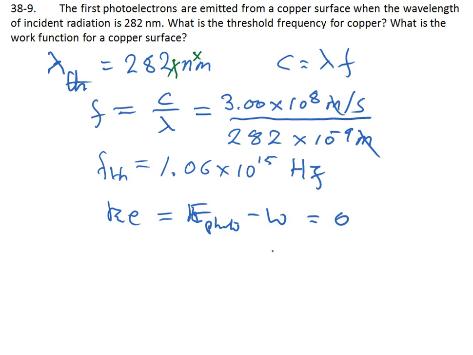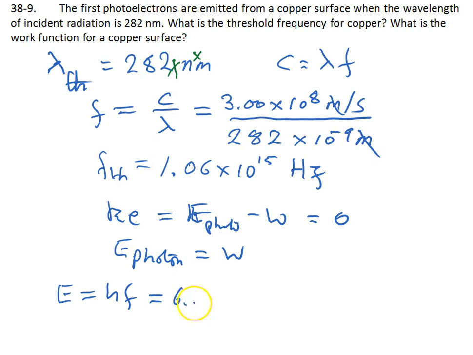We're just ejecting electrons, they don't have any excess energy, and as the photon energy minus the work function is equal to 0, we can write that the photon energy is equal to the work function. And the photon energy we calculate from the energy of a photon, which is Planck's constant times the frequency, which in this case is Planck's constant times the threshold frequency.